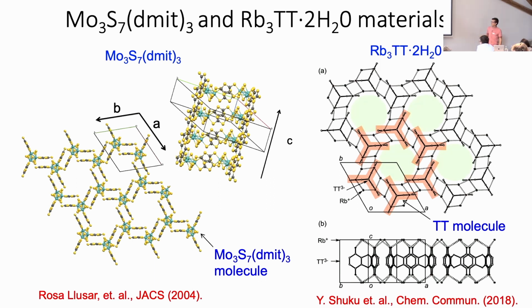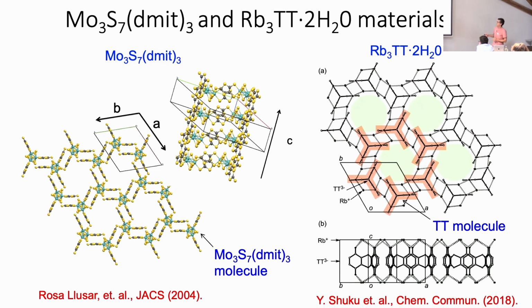I became motivated by these systems by a chemist in Spain who was synthesizing them, and they are formed by layers of molecules which have a triangular structure. This is the molybdenum sulfur molecule, and as I say, they have a triangular structure, but they are arranged in a honeycomb lattice.